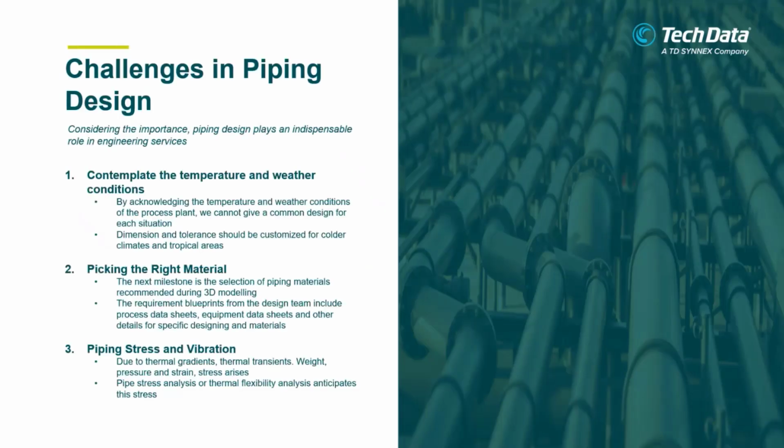The challenges in piping design are that sometimes you have to acknowledge the temperature, the weather condition, and also the area. Right now in Malaysia, we sometimes have heavy rain and floods in certain areas like Shah Alam or Johor, or in KL also. You need to consider picking the right materials for the piping system, for the manhole, for the inlet, those connecting parts to the piping.